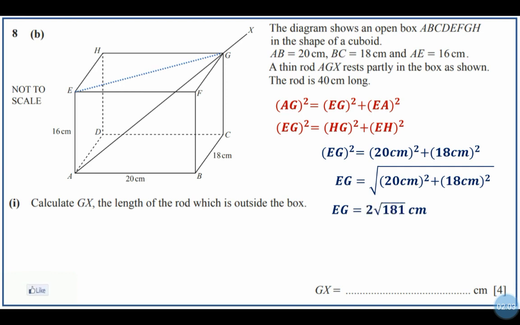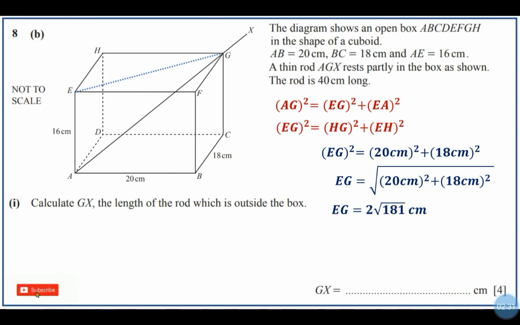You will get an answer of 2 square root of 181. So that is EG. Actually, you can write the decimal number that appears on your calculator, but since I got an exact value, 2 square root of 181, I will be using this. Remember, this is not yet your final answer, that's why I am not rounding it off.